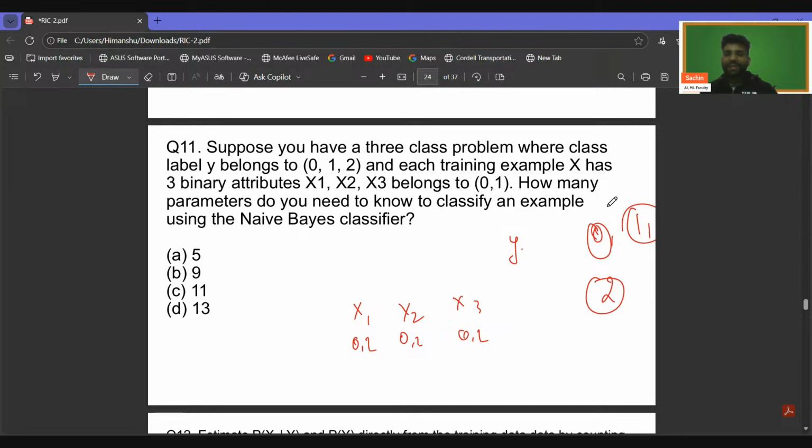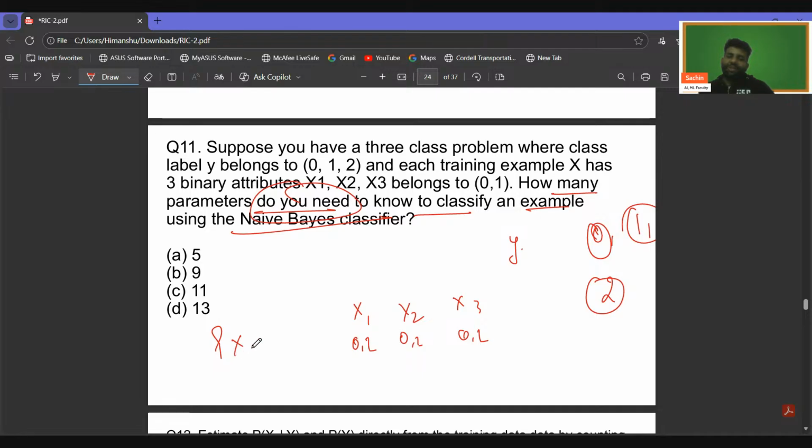Then in that case, how many parameters do you need to know to classify an example using this naive Bayes classifier? What is the number of parameters required over here? Very important question, very interesting, very simple. So what do we need for classification? If you just look at the formula, I just talked about that.